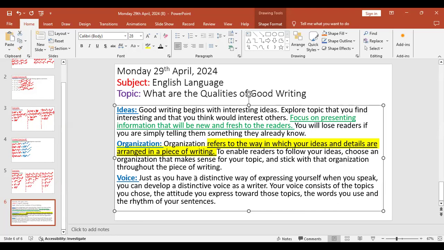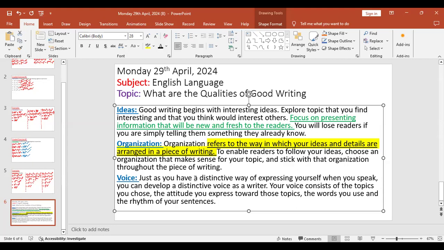And so your voice consists of the attitude that you relate to a subject. Your voice consists of the rhythm of your sentences. Your voice consists of what you decide to talk about and how you decide to express yourself. That's your voice. In order to develop good writing skills, you have to determine your voice, how you present information.